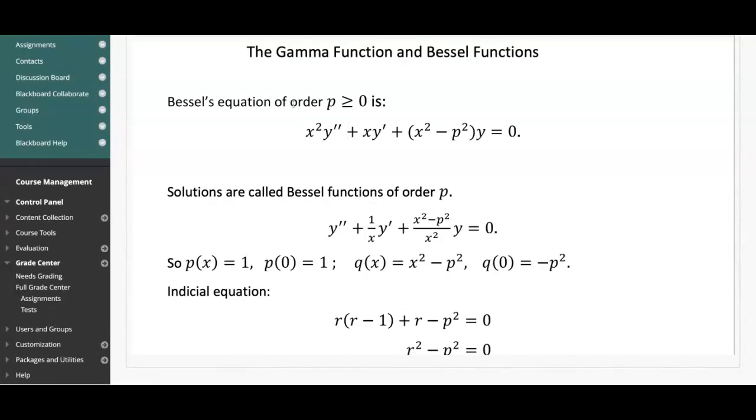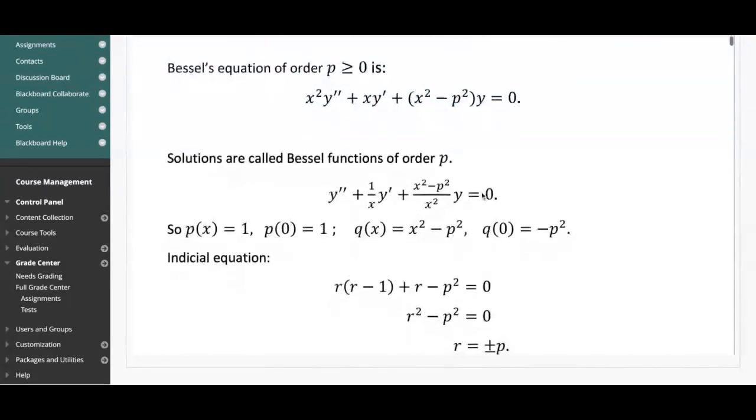Bessel's equation of order p, with p non-negative, has this form: x squared as the coefficient of y double prime, x as the coefficient of y prime, and x squared minus p squared as the coefficient of y.